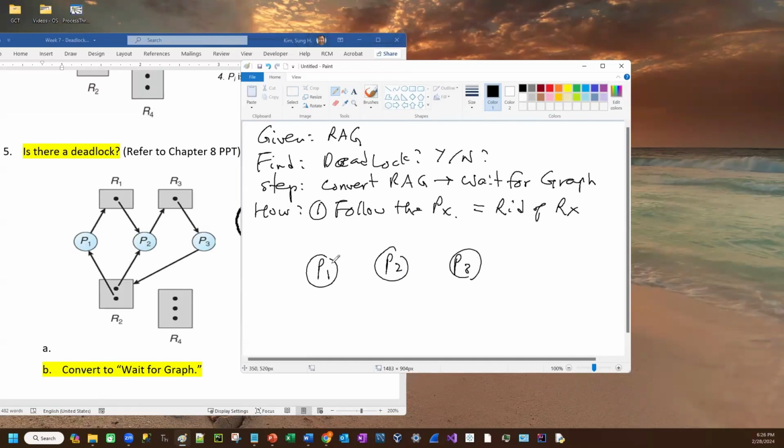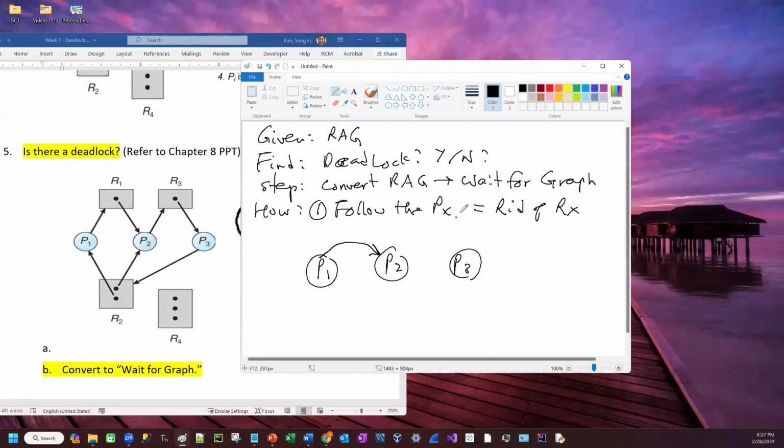And so you follow. P1 is waiting for R1, but this will become available when P2 is done, right? So P1 is actually waiting for P2 to finish, and that's how you draw it. You get rid of the resource. So follow the RX only.